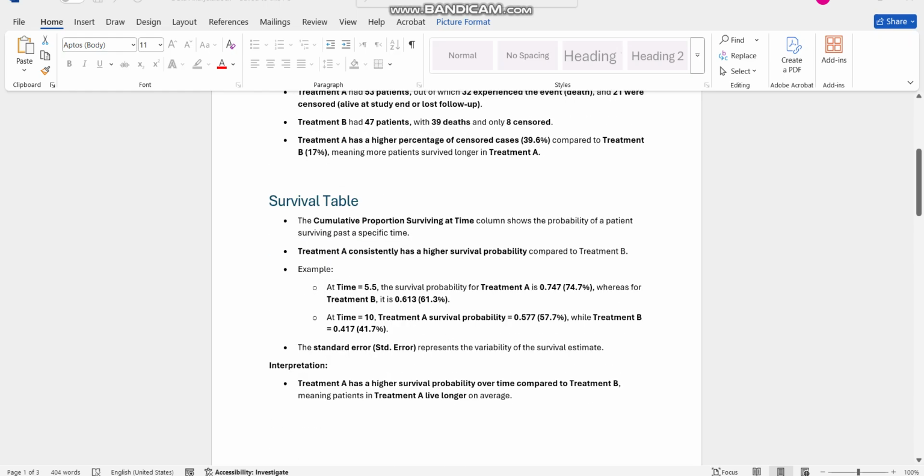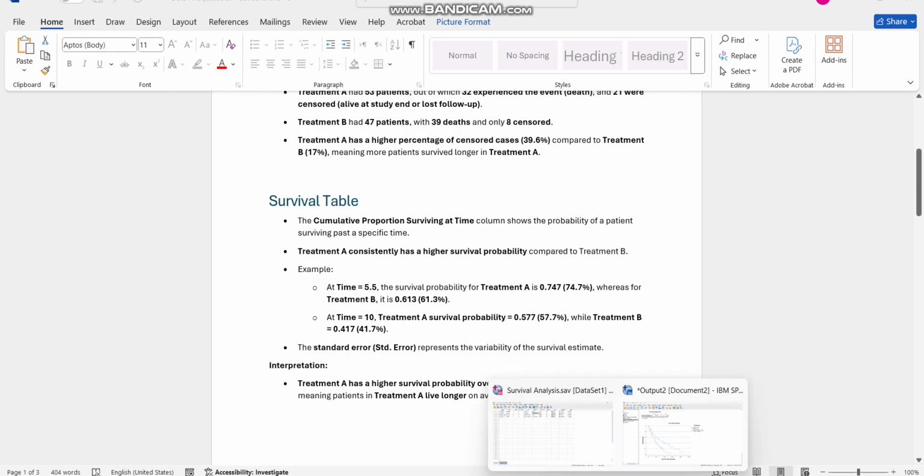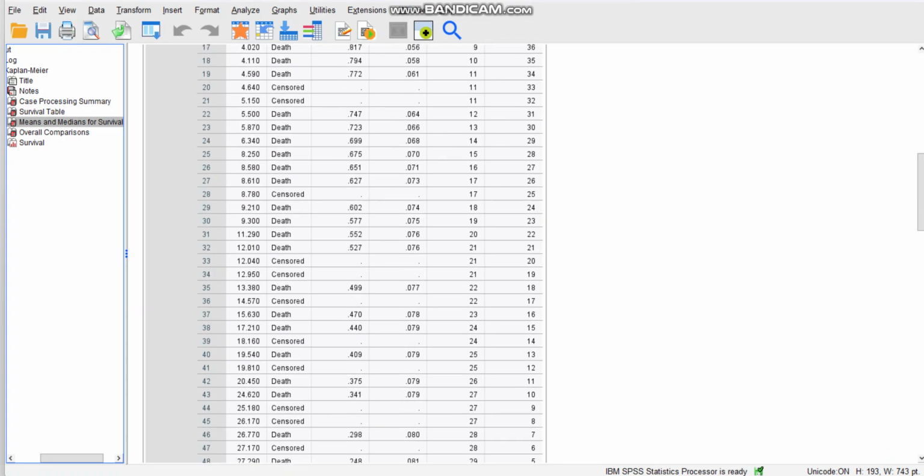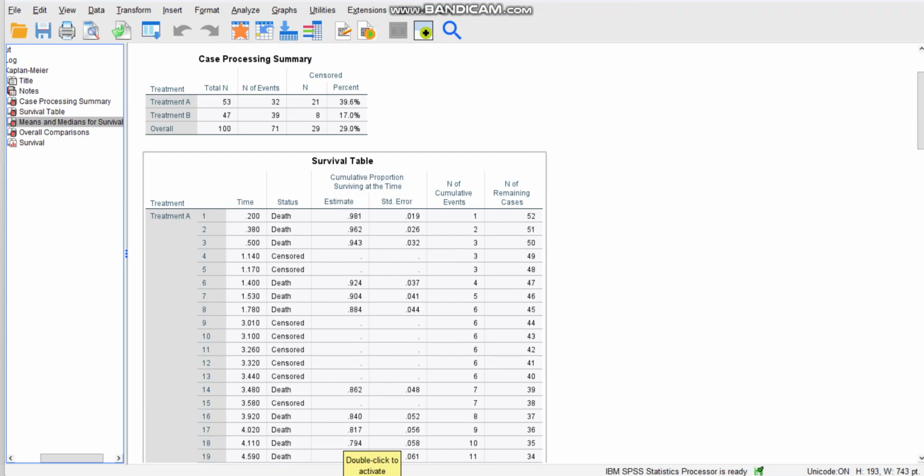Second table is the survival table. Let's see it here in SPSS. Here, at every time, we have the cumulative proportion surviving at the time and the number of events.